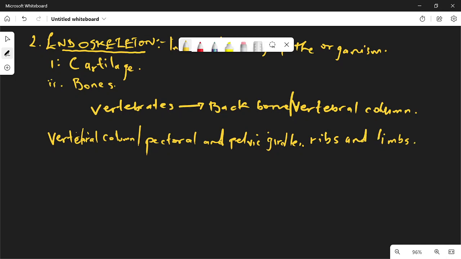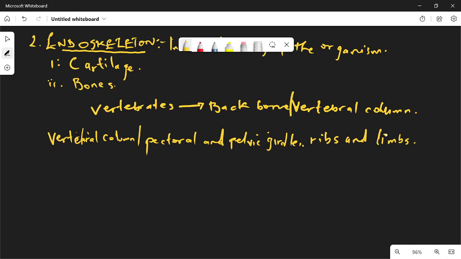Are we together? So those are the parts that we have, these bones called the endoskeleton, the cartilage and the bones. So let us quickly see what the both look like.